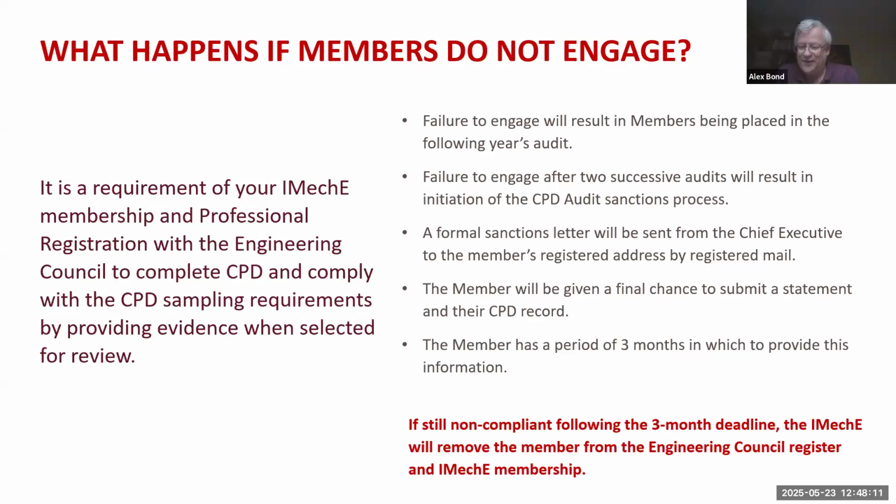Yes, so we've got a question in from one of our lead assessors. When you're using the website, until you complete the reflection section, you may not be able to declare a record as complete.